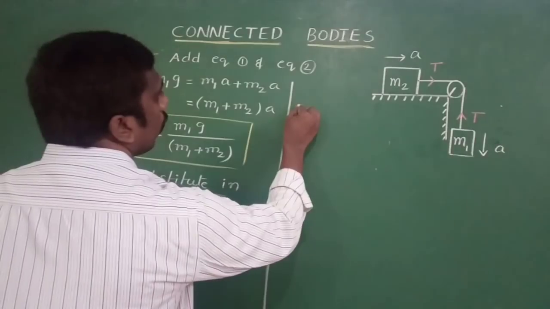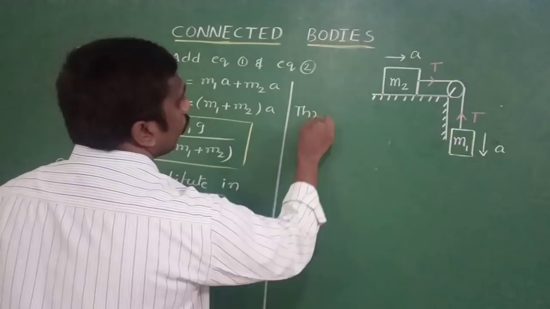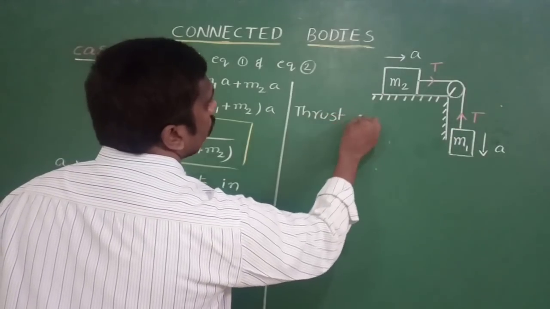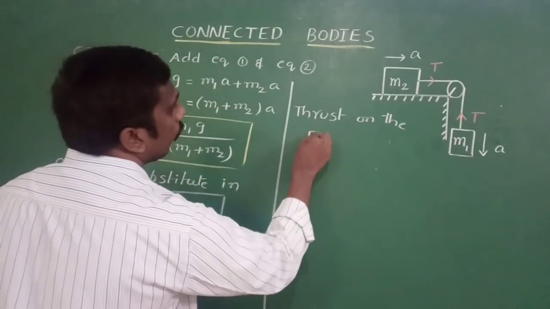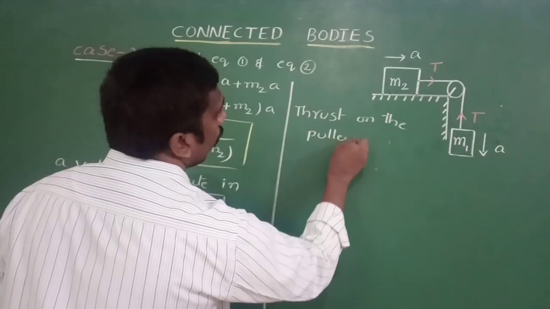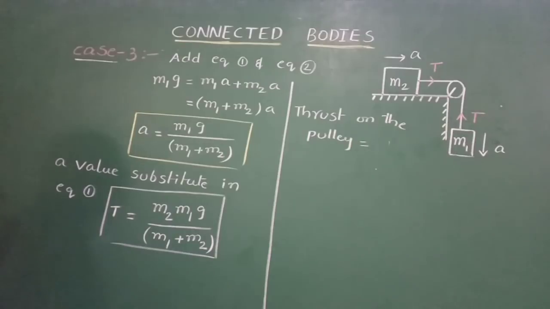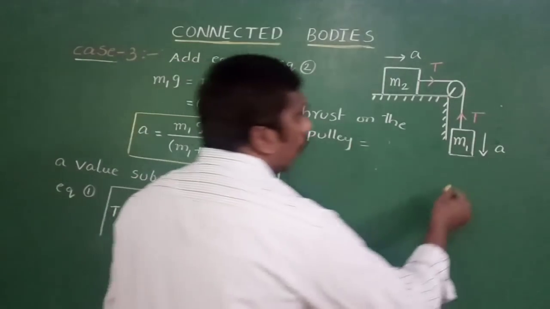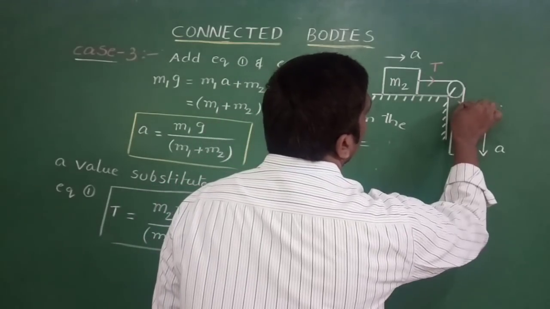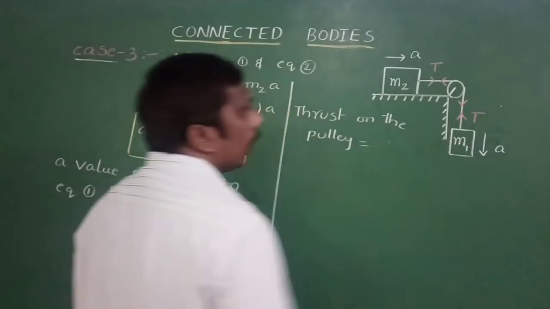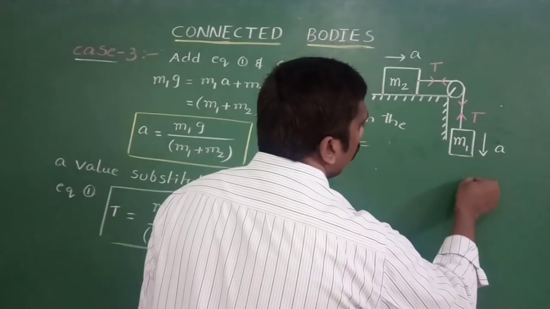Next, we have to calculate thrust on the pulley or on the clamp. If you observe here, on the pulley, two tensions are acting, perpendicular to each other.